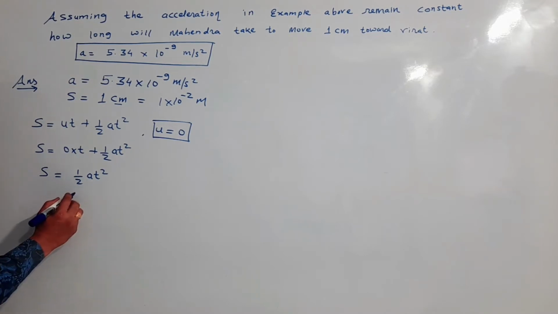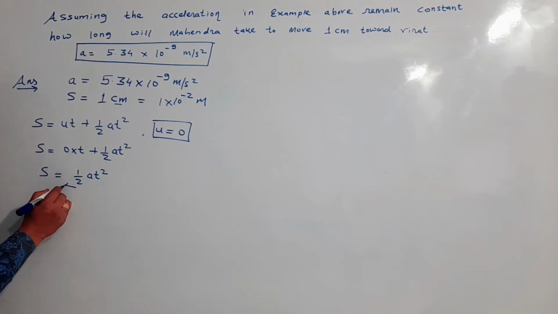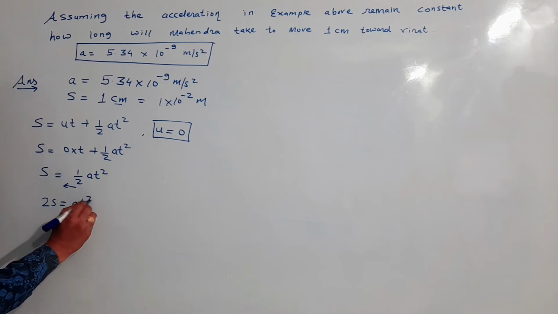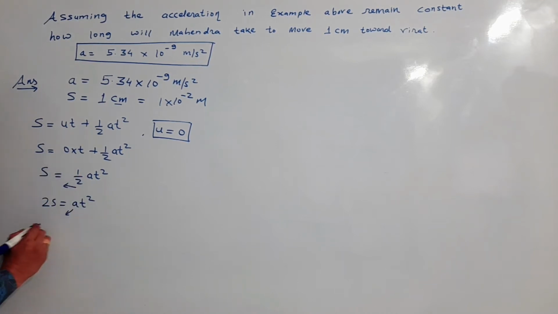Now my dear student, we can take 2 to the other side of the equation. We can write twice s is equal to a t square. Now a we will take to the other side of the equation, we will get twice s upon a is equal to t square.